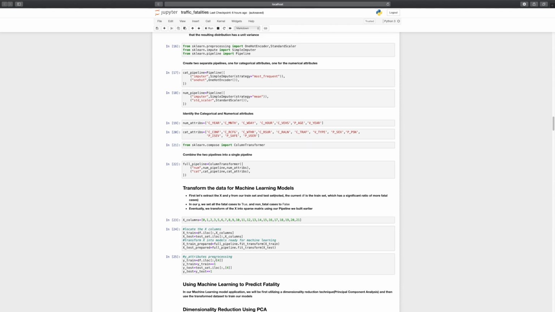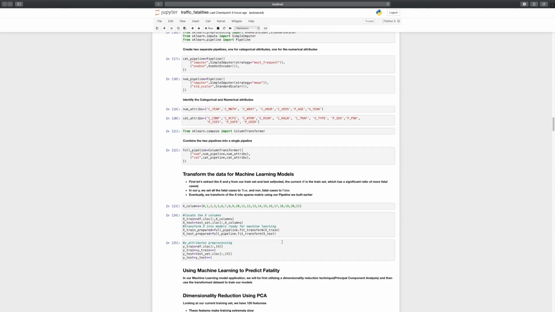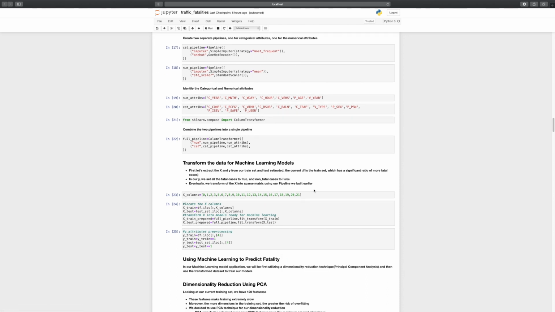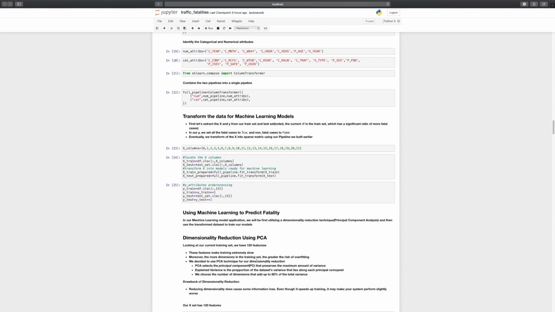And then I fed the train set into the pipeline I built earlier to transform my X train set and my X test set into machine learning ready data. Specifically, it's a sparse matrix, which has more efficient memory storage compared with NumPy ndarrays.